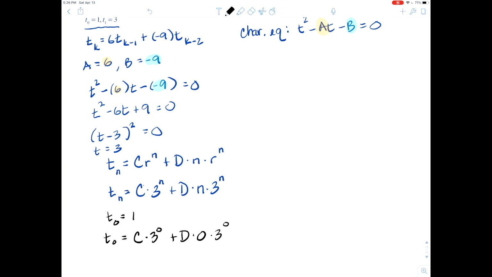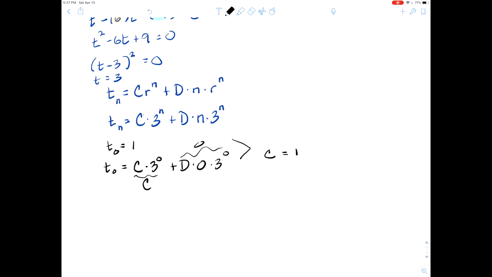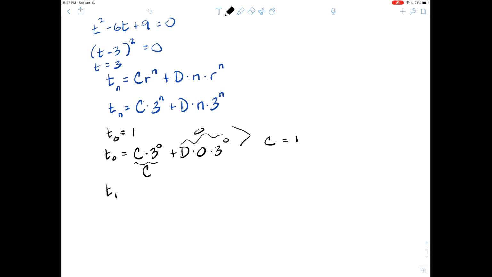Good so far? So these two together, simplifying, give us that c is equal to 1, because this all zeroes out and this is c times 1, which is c.